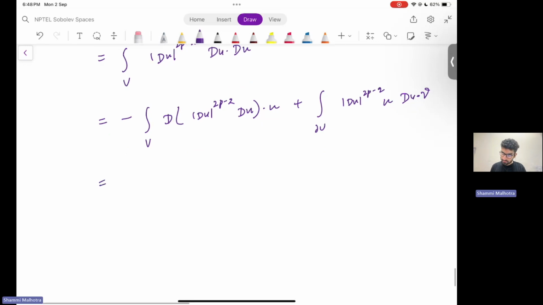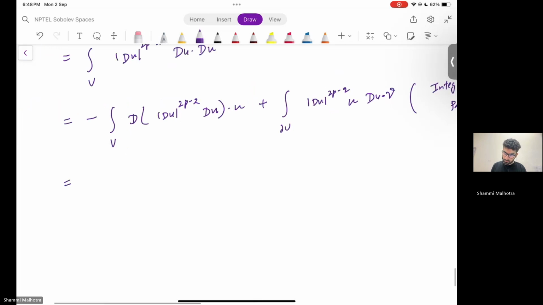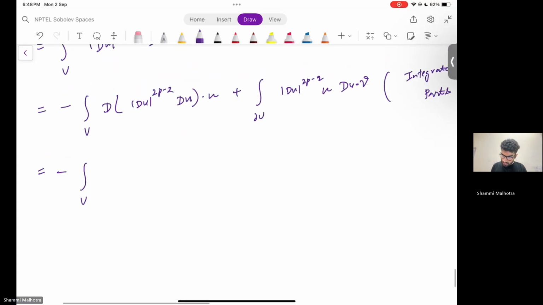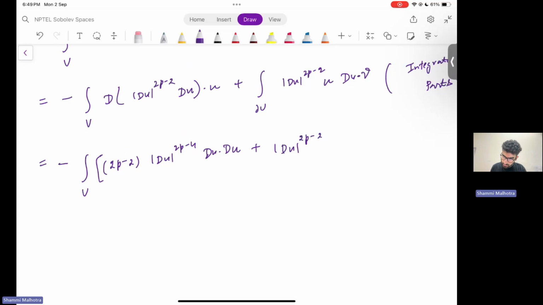And here we have all this coming from the integration by parts, minus u times (2p minus 2) mod Du to the 2p minus 4, D Du dot Du, plus mod Du to the 2p minus 2.